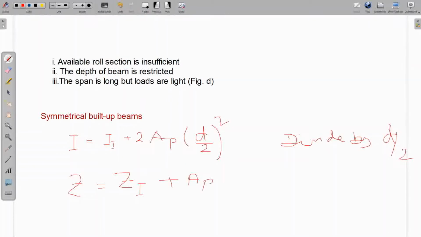AP, and this D is left. If you divide by D by 2, 1 D by 2 is left, this is cancelled, and also 1 D is left. So from here, what can I write?